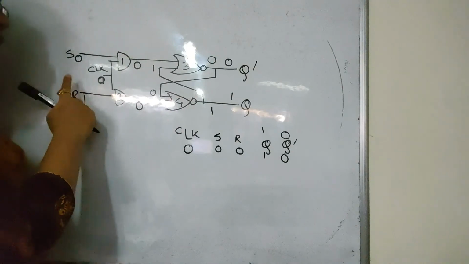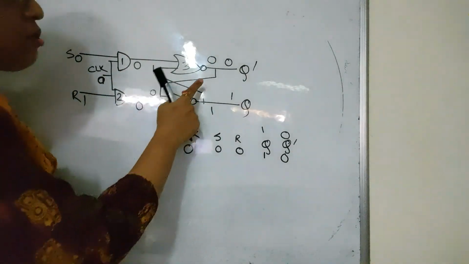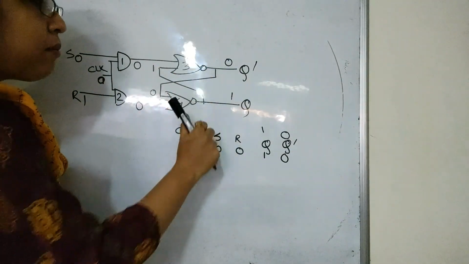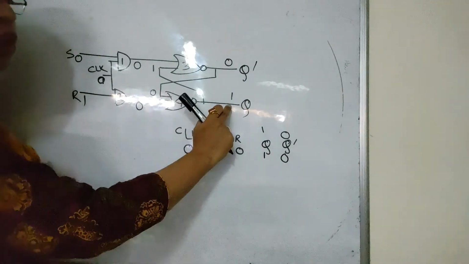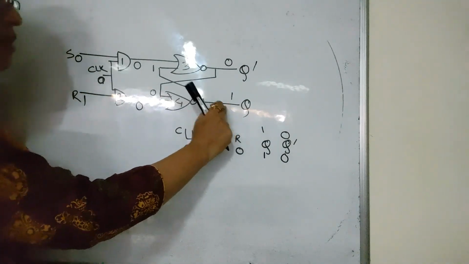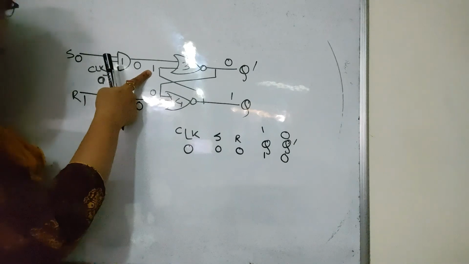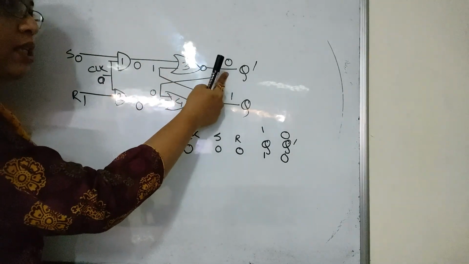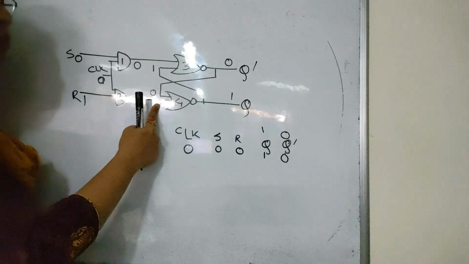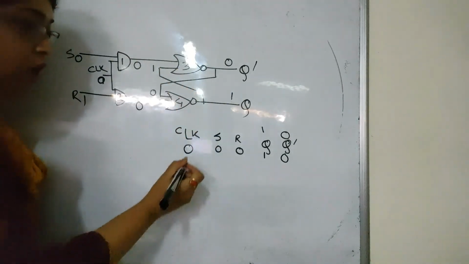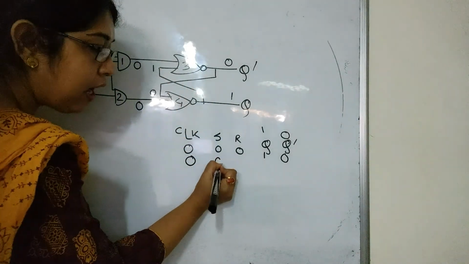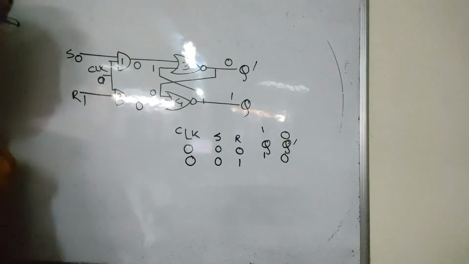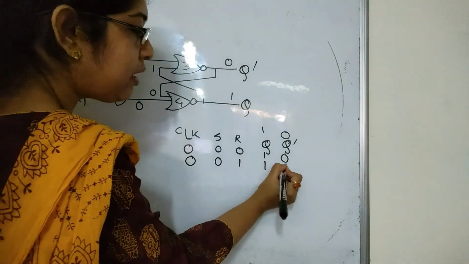So now, again, we have to look into the feedback lines. Which feedback line is 1? This Q feedback line is 1. This is getting fed back into NOR gate number 3, so NOR gate number 3 is giving you a value of 0. This 0 when fed back into NOR gate number 4 is giving you a value of 1. So if clock is 0 and we are giving the input 0, 1, the output is remaining as 1, 0.